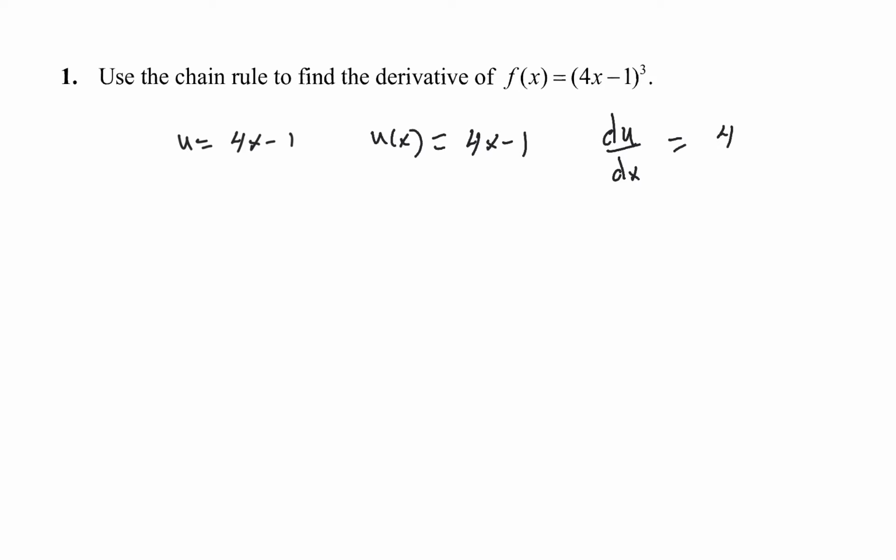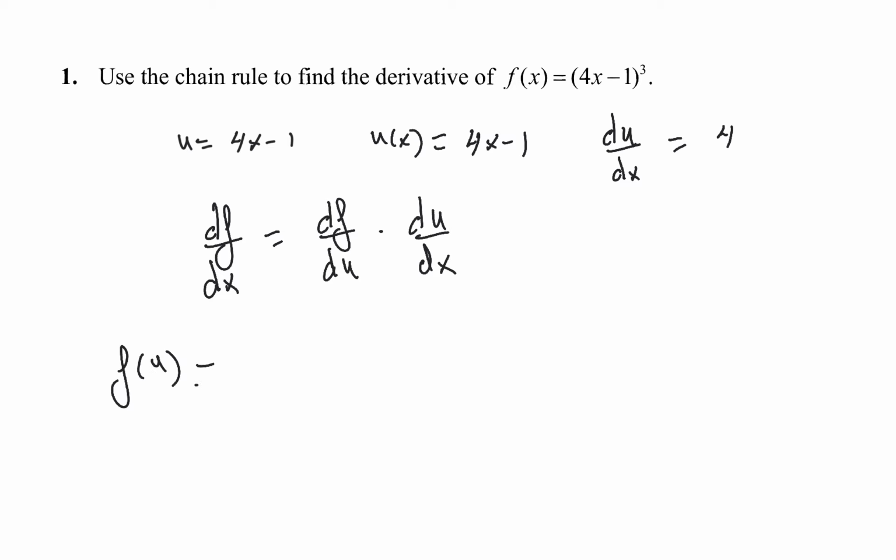Now we apply the chain rule. The chain rule says that the derivative of f with respect to x equals the derivative of f with respect to u multiplied by the derivative of u with respect to x. Now, 4x minus 1 is u, so f of u will be u cubed.